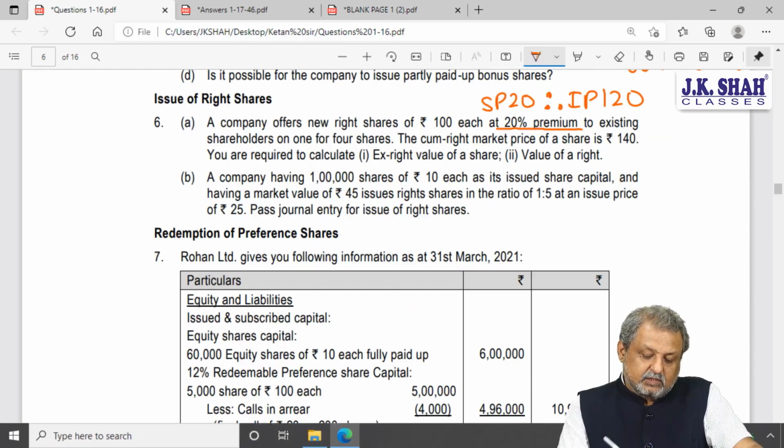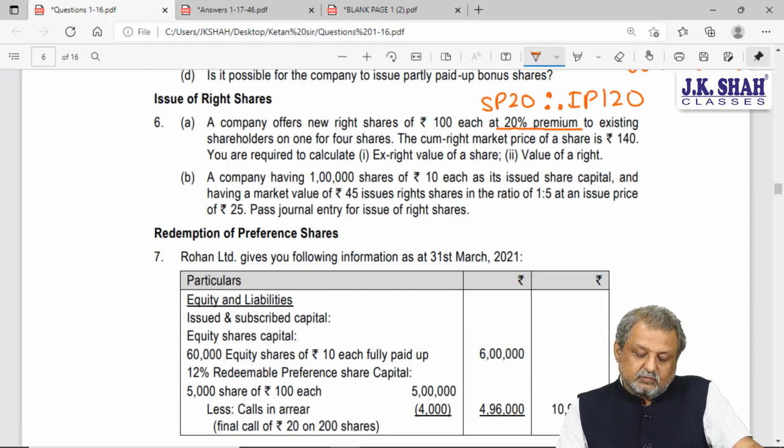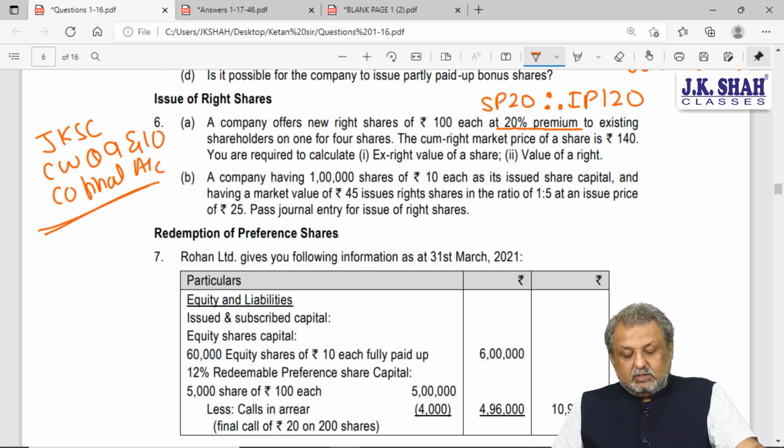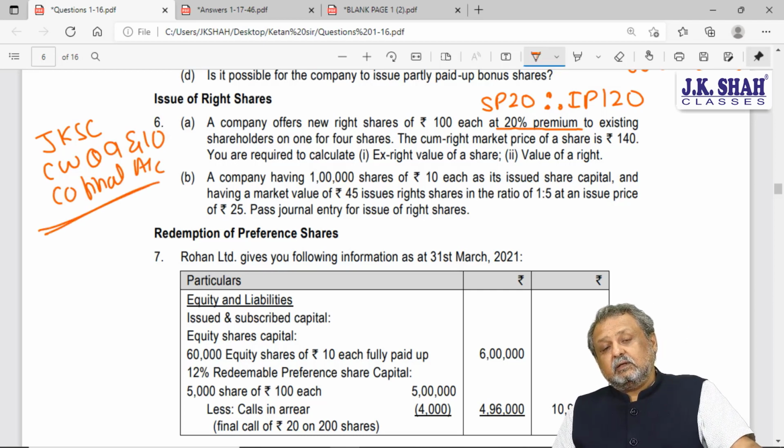But, my dear students, for this you can refer JKSC classwork question number 9 and 10, company final accounts. See, bonus shares we have covered along with redemption of preference shares, question number 2.